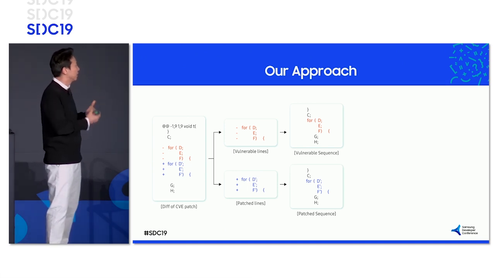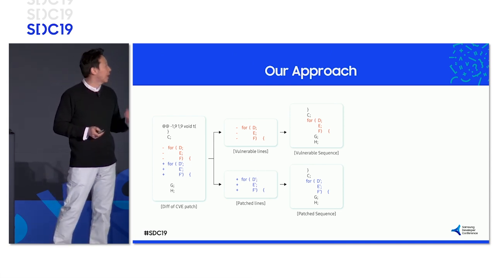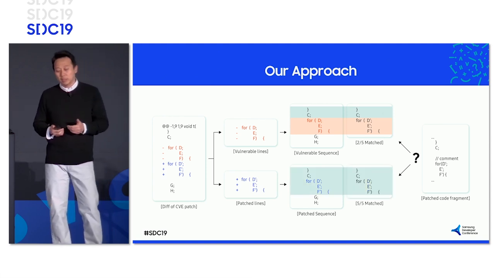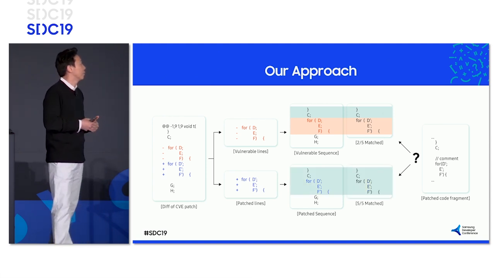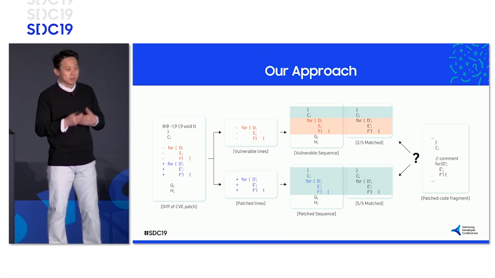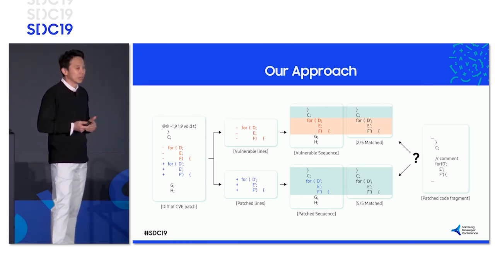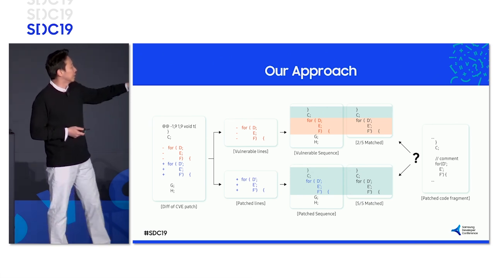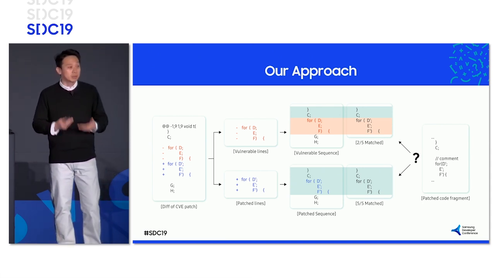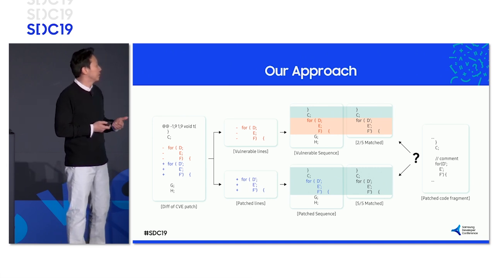We use some detailed filters and parameters. Given targeted code, we compare which sequence the targeted code is closer to, and then we decide whether it is patched or not. In this case, we decide this code is patched. So we provide the vulnerable code information to the developer.